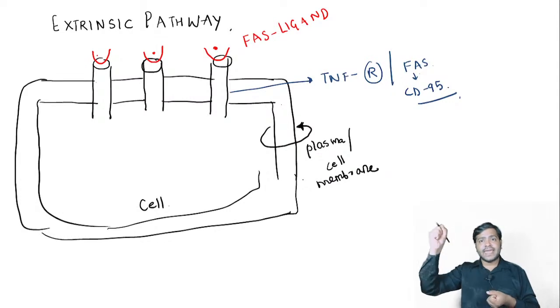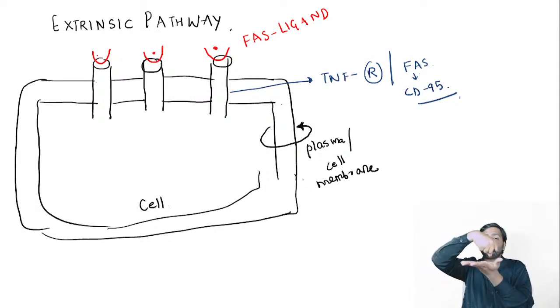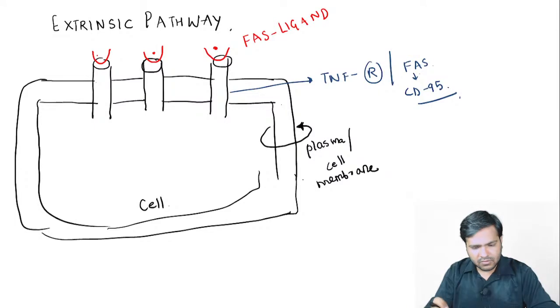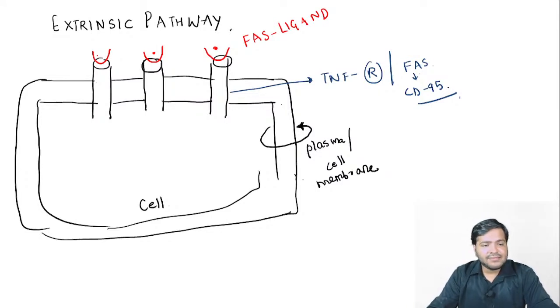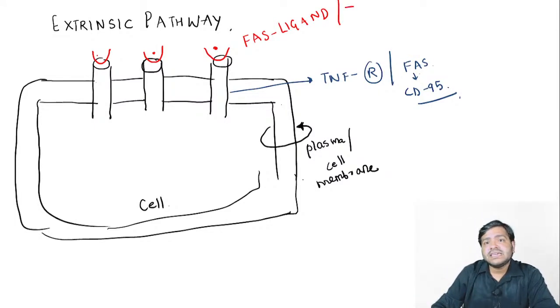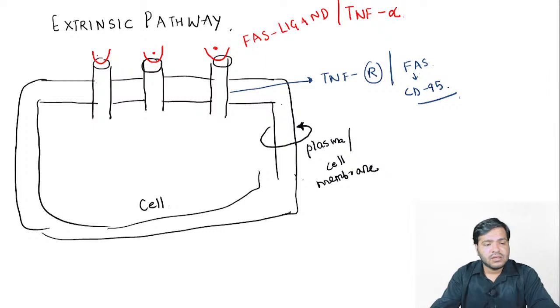Similarly, TNF alpha will come and bind to the TNF receptor. So to this receptor there are certain components which will come and bind: the Fas ligand along with TNF alpha.